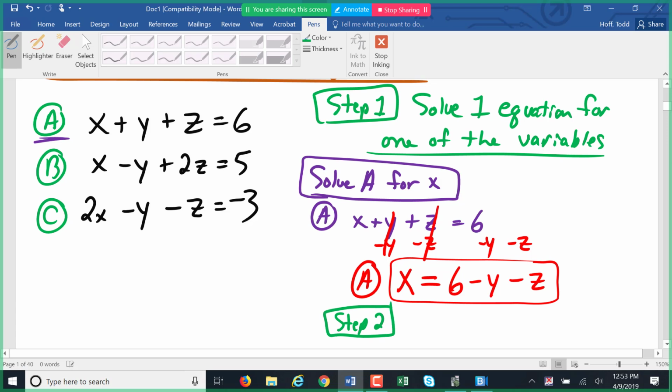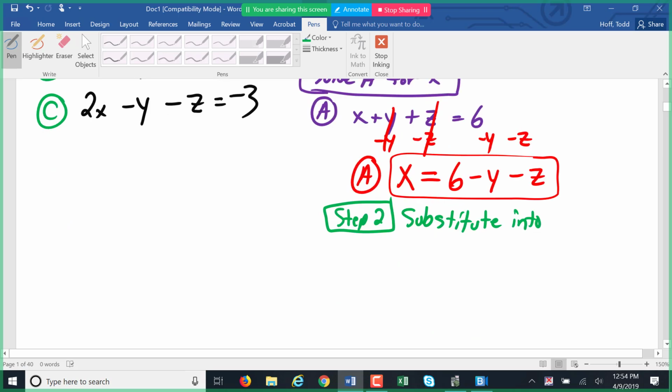The second step is we're going to substitute that into the other two equations.